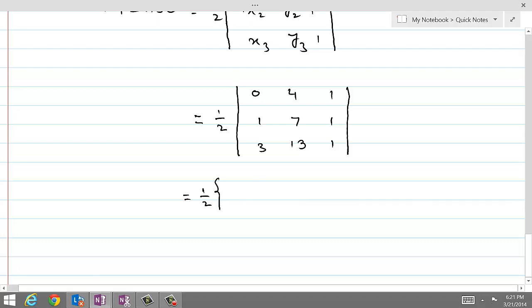So this will be 0 times 7 minus 1 times 13 is 13, and minus 4 times we multiply the matrix of cofactor. So this is 1 times 1 minus 3 times 1, plus 1 into 1 times 13 minus 3 times 7.